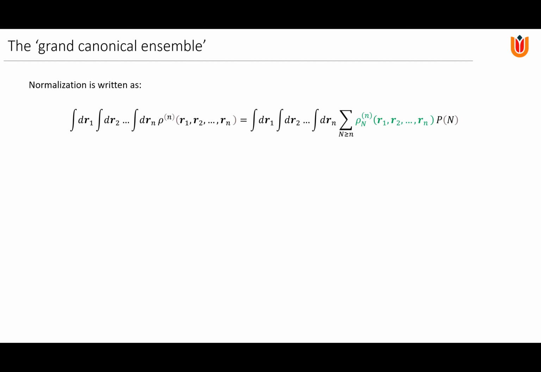Okay, we can try to normalize this. So take this function and integrate it over all spatial coordinates. Substitute for rho of n here the probability P, making use of the previous result for rho, so we substitute this general expression.